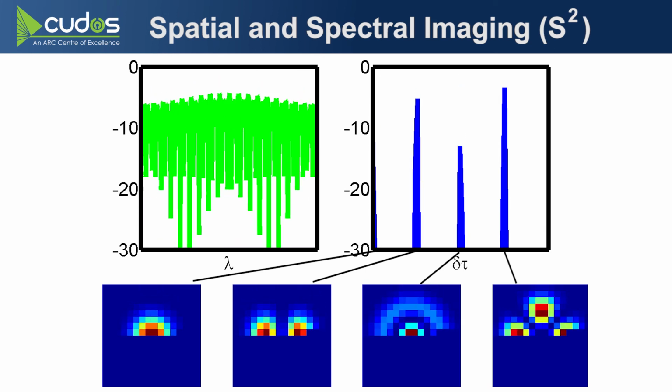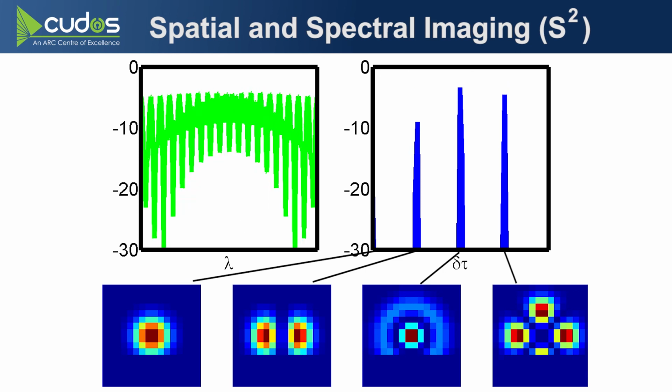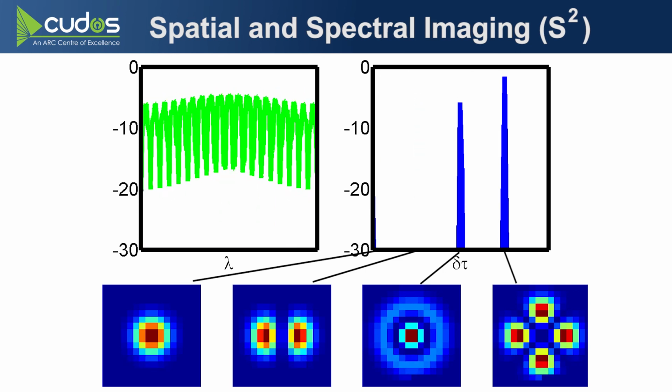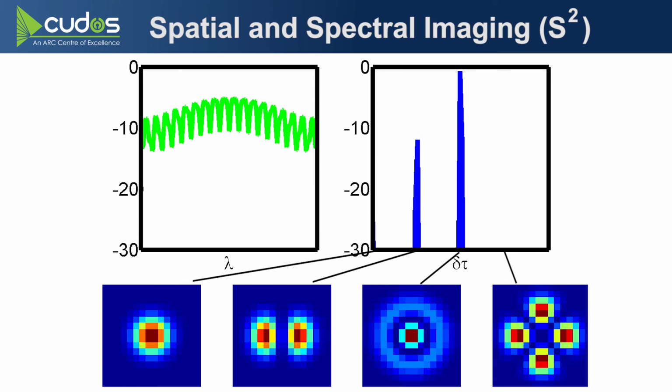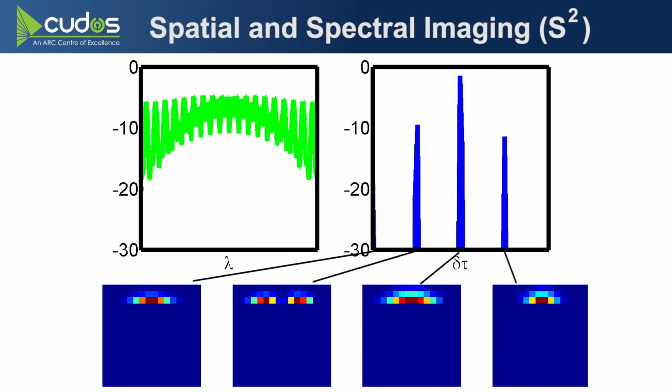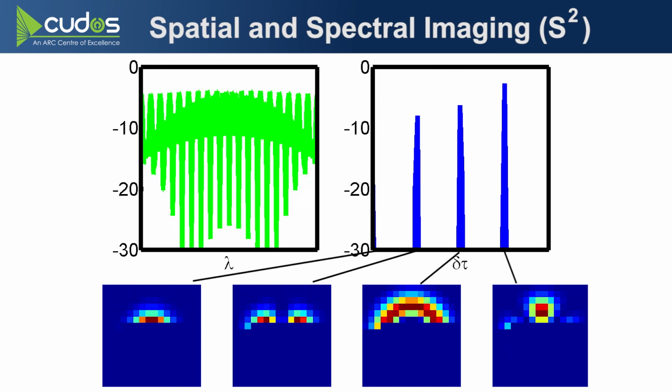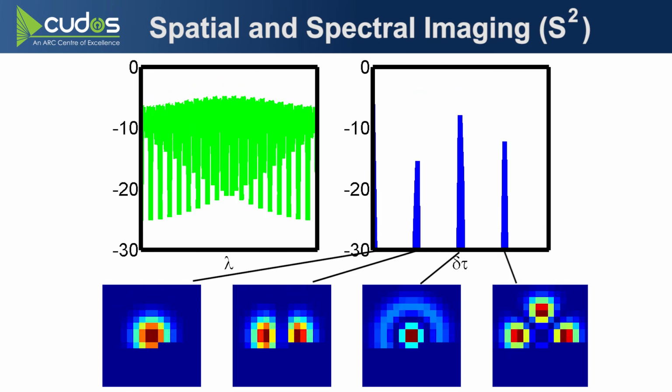The advantage of S-squared imaging is that you don't need anything particularly complicated to get it to work. You just need a broadband source, optical spectrum analyzer, translation stage. There's also another version which has a tunable laser and a CCD camera. So in both cases, the kind of things most labs have sitting around somewhere.